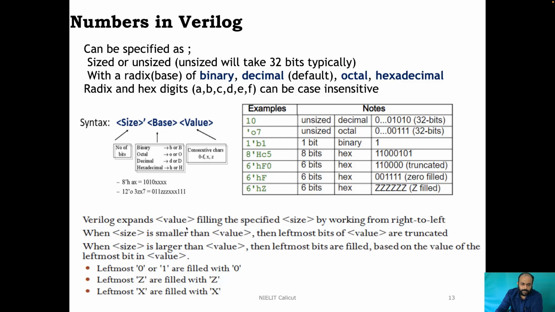Okay, so that is explained in the first line. Verilog expands the value by filling the specified size by working from right to left. So initially this F is written, and then it allocates 2 zeros, or rather it is zero filled to fill this size. Okay.